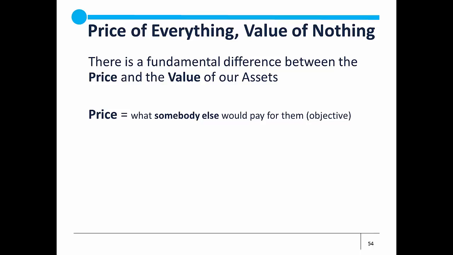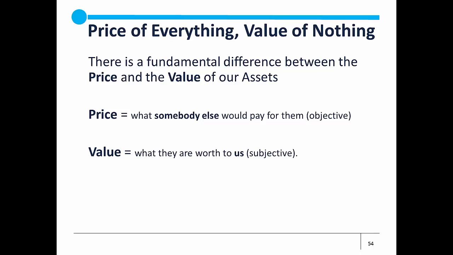The price is what somebody else would pay for them. In other words, if we were to sell them, this is the amount of cash that we would receive, or some equivalent of that. On the other hand, the value is typically used to describe things that are subjective. So this is what this particular asset is worth to us.